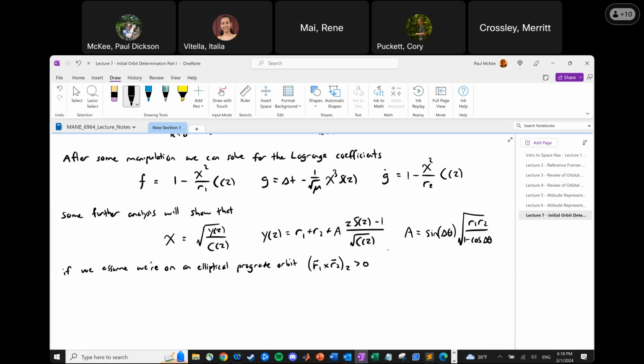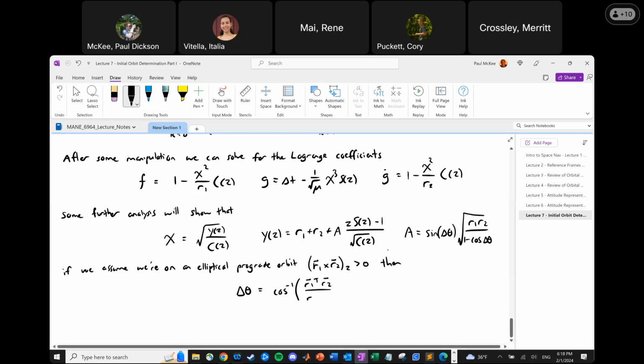Then we can take a shortcut and say delta theta, which we just discussed, is just the cosine inverse of R1 transpose R2 divided by R1 R2, which makes sense, right? It's the angle that you traverse between R1 and R2.